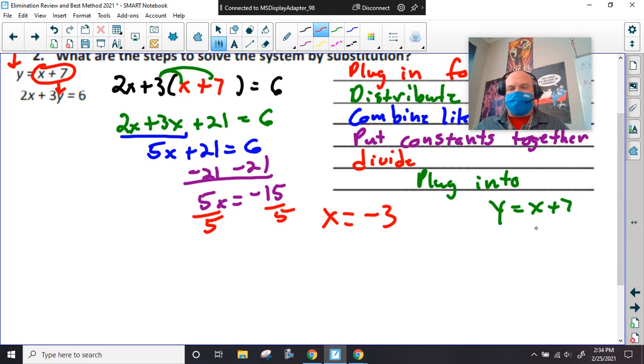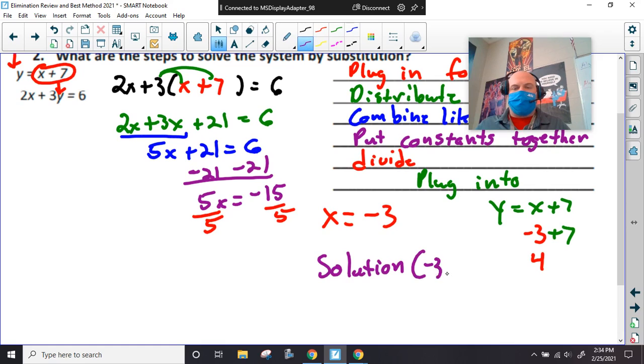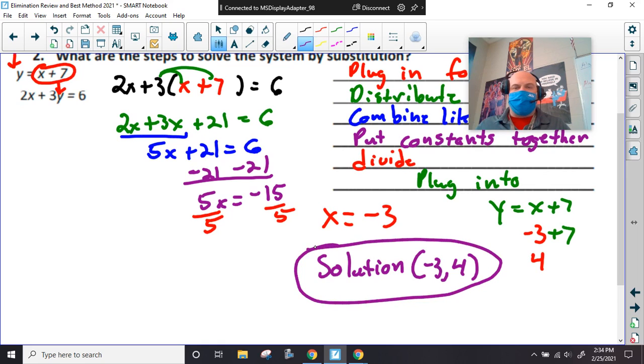So if I plug in this -3 plus 7, well, -3 plus 7 is 4. So my solution is -3, 4.